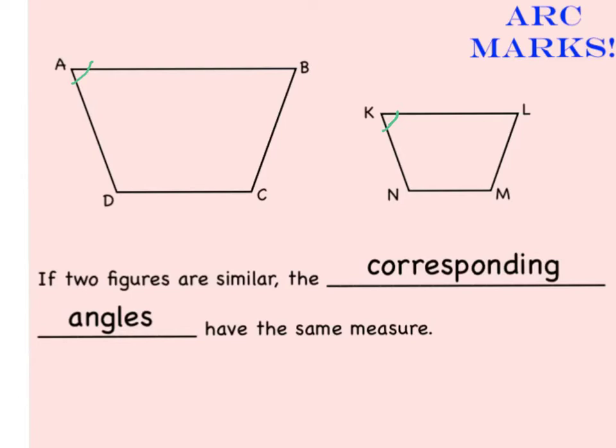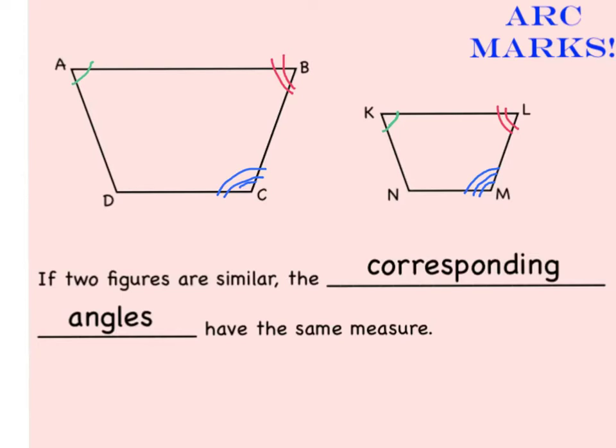Now I'm going to move to angle B, and I'm going to put a double arc mark on angle B, as well as its corresponding angle, which is angle L. All right, moving on to angle C, you guessed it, it's going to get a triple arc mark, and its corresponding angle in the small figure will also get a triple arc mark.